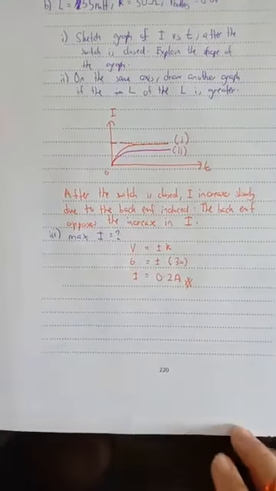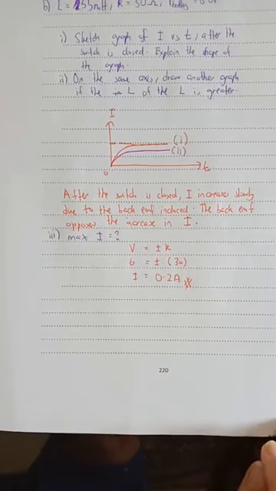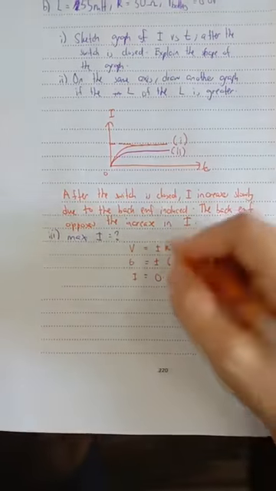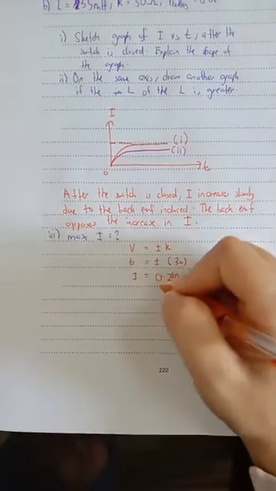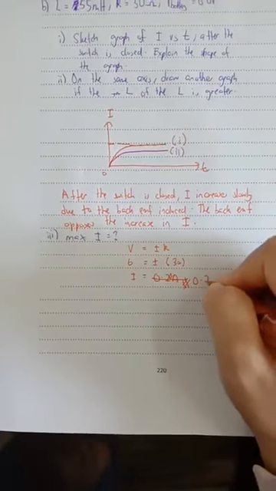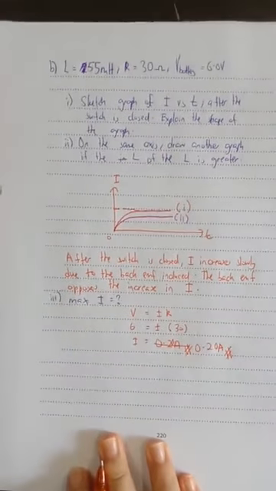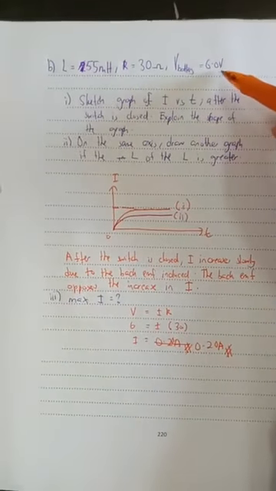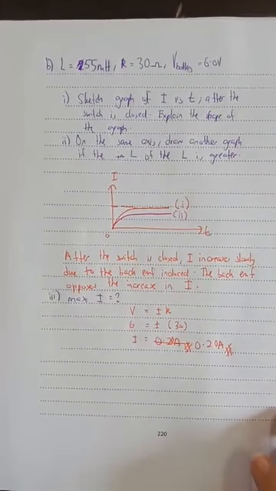Okay, this is the maximum current in the circuit. Okay, give 2 significant figure answer, because in the question we have 6.0 volt. So 2 significant figure.